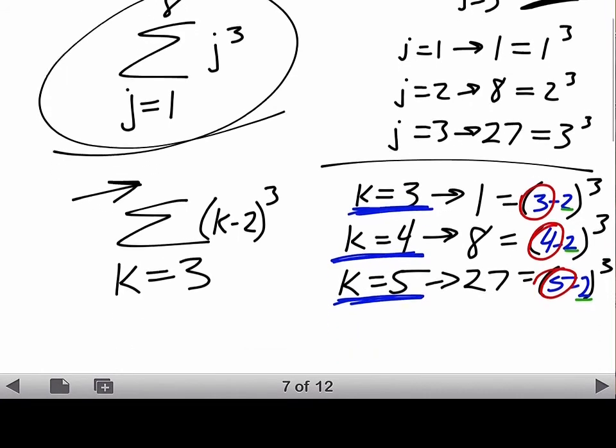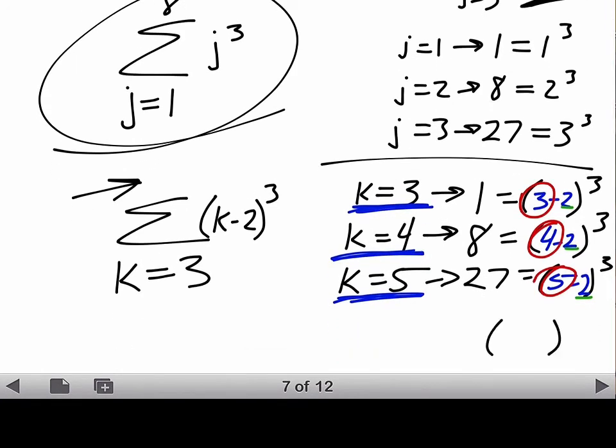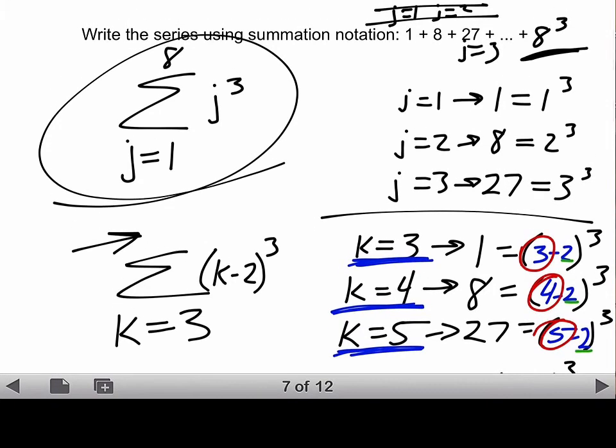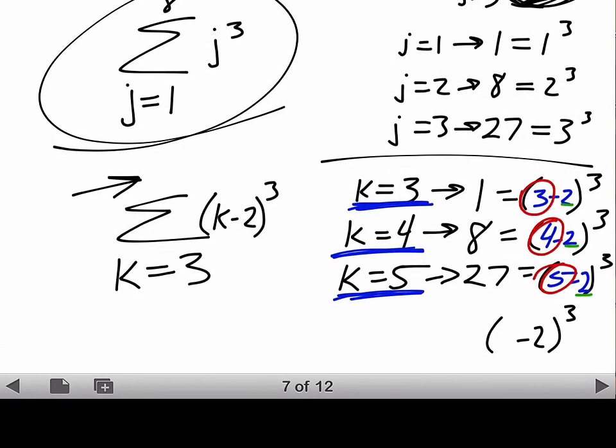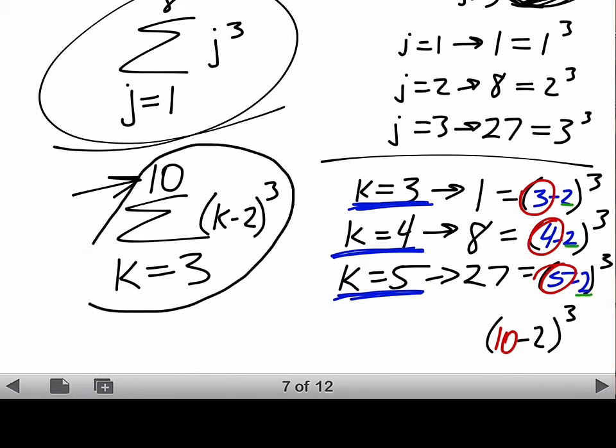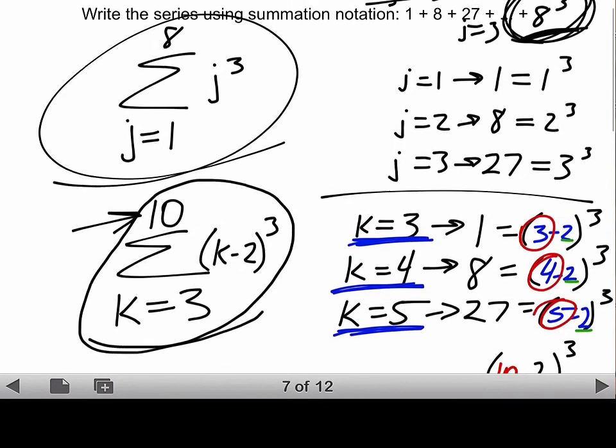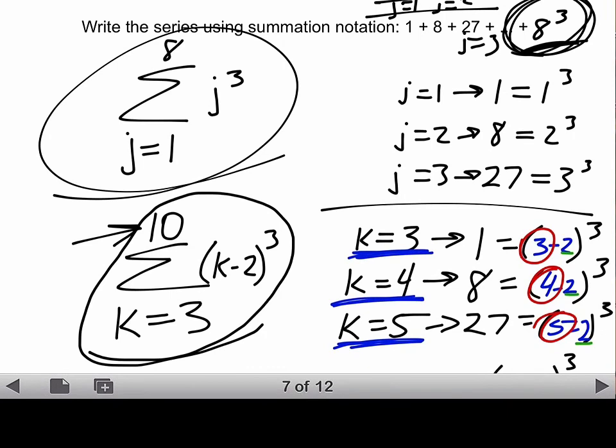And considering our rule where we have something minus 2 cubed, if, scroll up, the last entry here is 8 cubed, then the thing I'm subtracting 2 from to get 8 must be 10. So the upper limit of this sum would be 10. We would end up with the sum as k goes from 3 to 10 of k minus 2, the quantity cubed, which is just a different, maybe more interesting way to write the original sum.